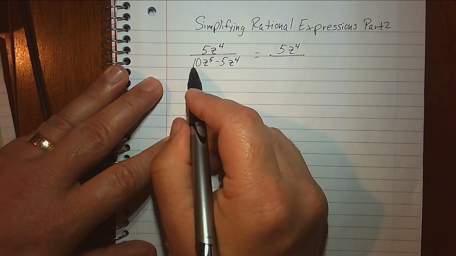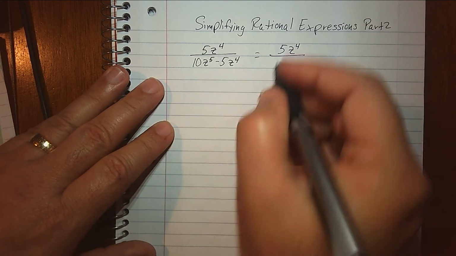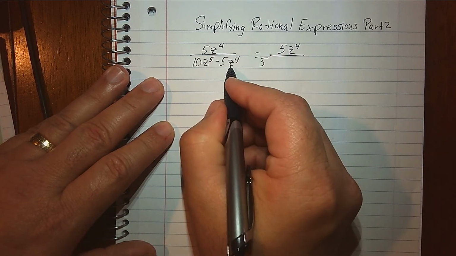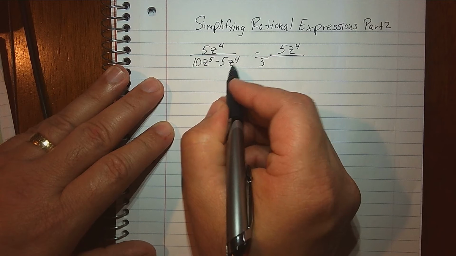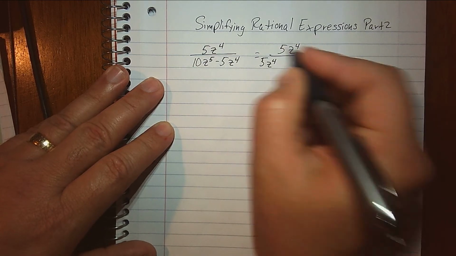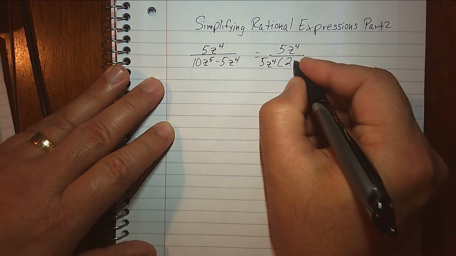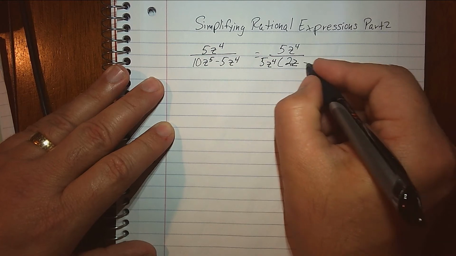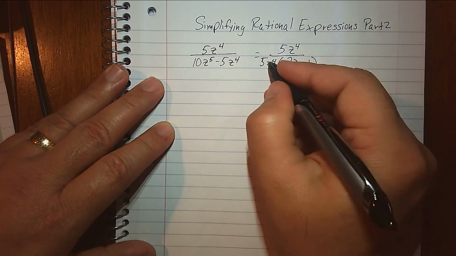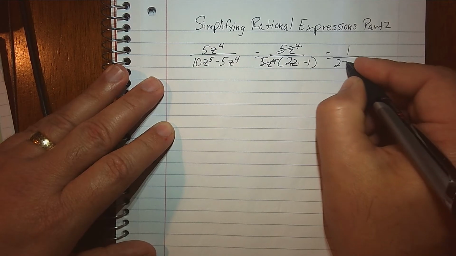On the bottom, since they have a common coefficient factor of 5, I can pull that out, and then my variable to the highest power. So I end up pulling out 5z to the fourth, and this gives me 2z minus 1. So these two will cross out, and now I've just got 1 over 2z minus 1.